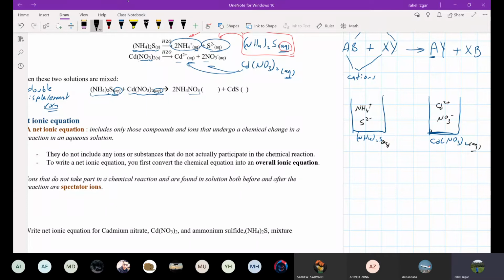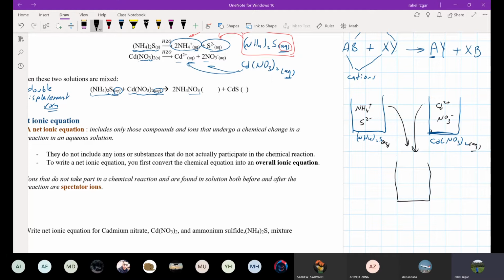We pour both of them into another container. Let's say we mix them together like this. We pour both of them into this container. So what are we mixing?